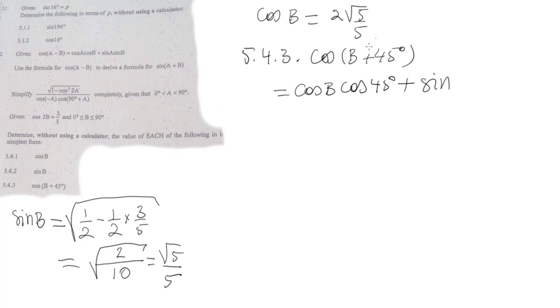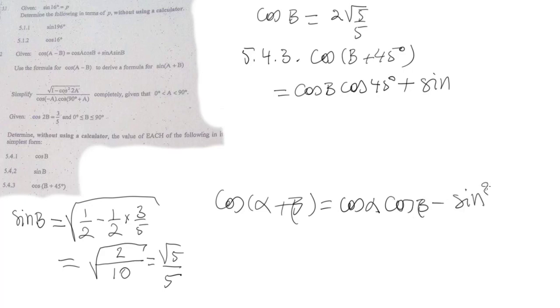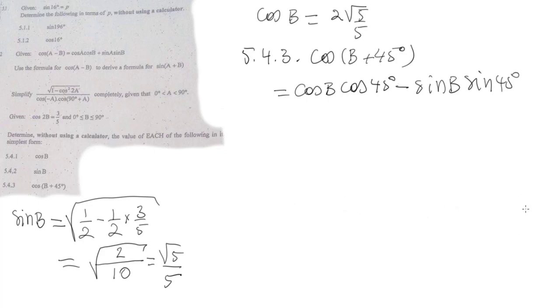Here we use the formula of cos (alpha plus beta), which gives you cos alpha cos beta minus sin alpha sin beta. So here we are going to say minus sin b and the sin 45. There we go.